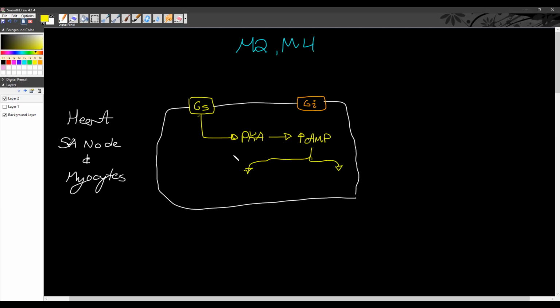One is our good old friend PKA, which in this case is going to cause calcium channels on the surface of the heart cell to be opened, which is going to stimulate contraction.